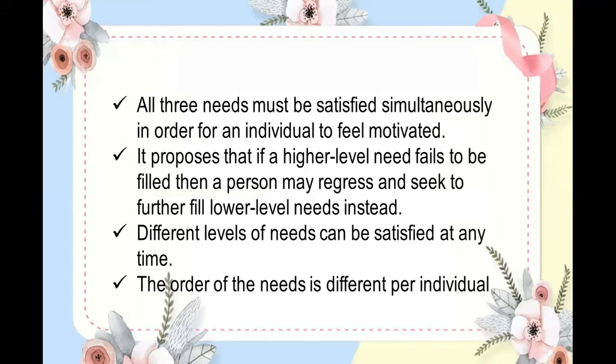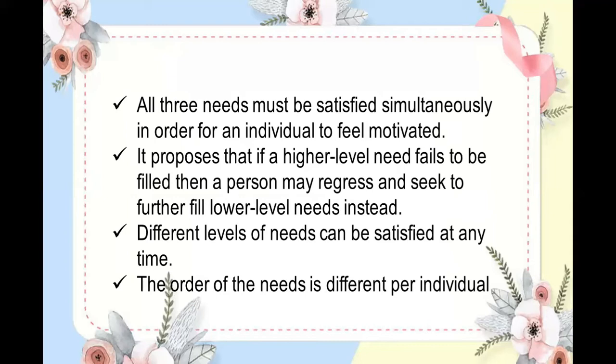According to ERG theory, all 3 needs must be satisfied simultaneously in order for an individual to feel motivated. It proposes that if a higher level need fails to be filled, then a person may regress and seek to further fill lower level needs instead.